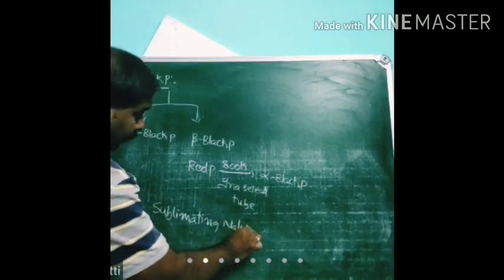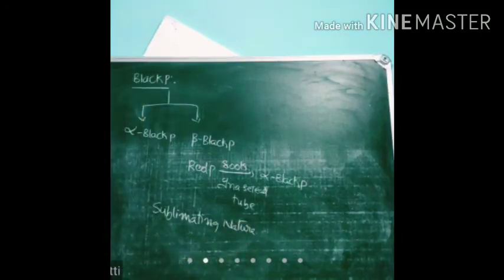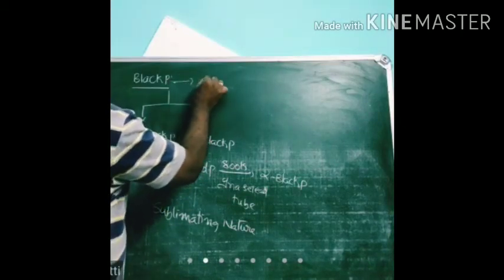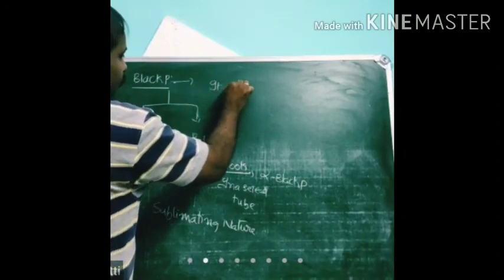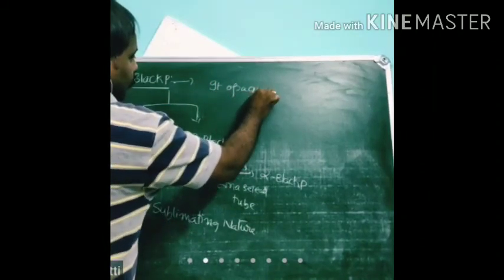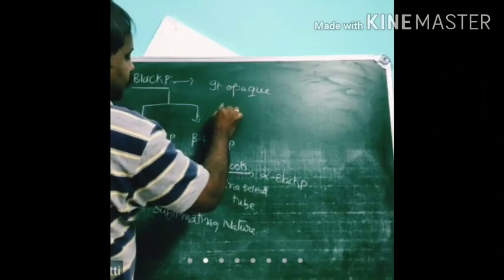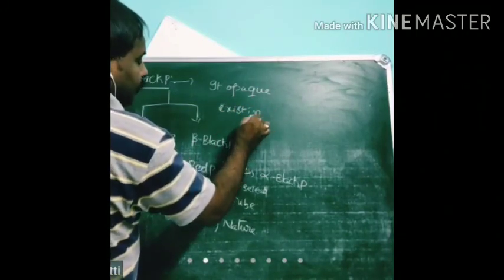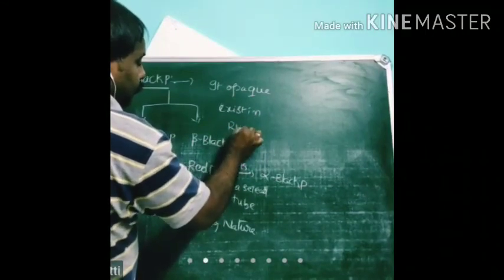Sublimation is the conversion of solid directly into vapor without a liquid state. It is opaque and exists in the form of rhombohedral.